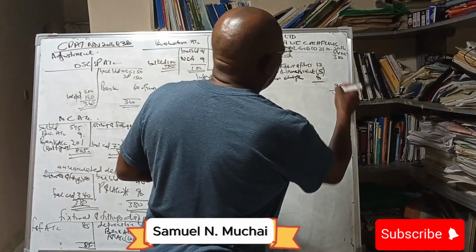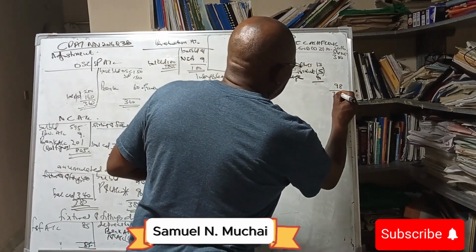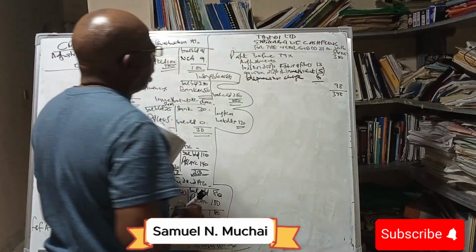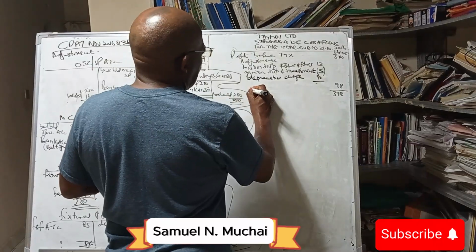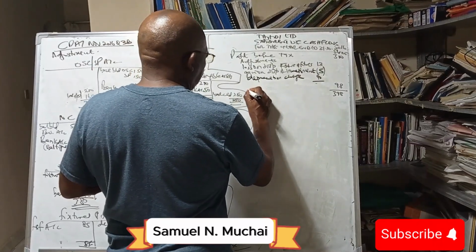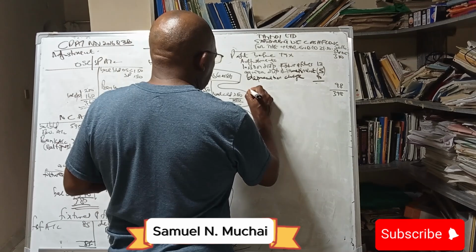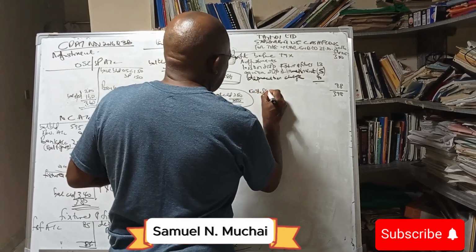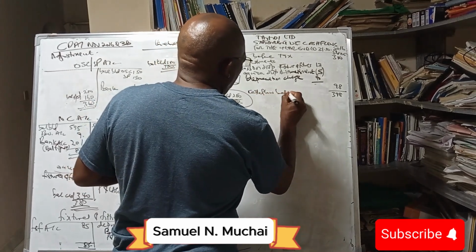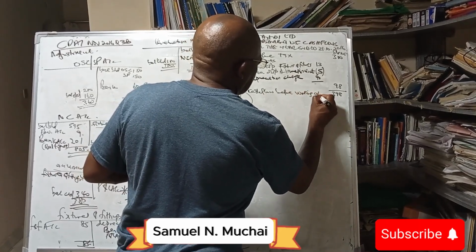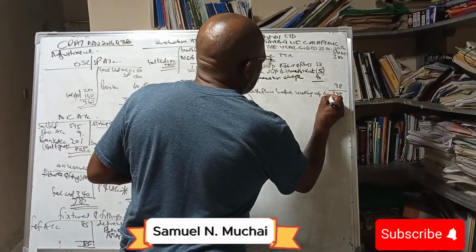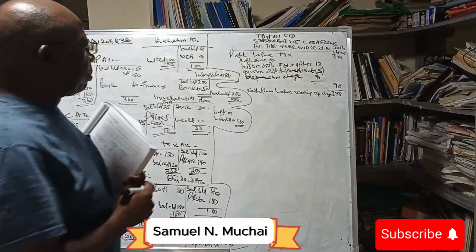Because this is positive, we add it to 300, and we get 398 as profit after adjustments, or cash flow before working capital changes.